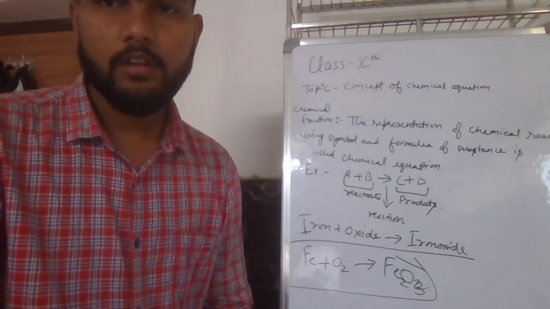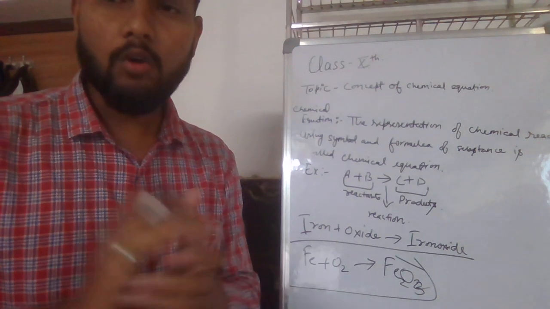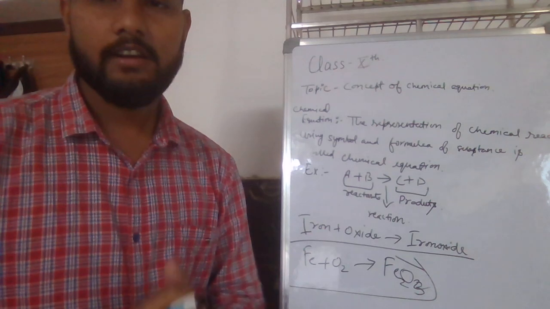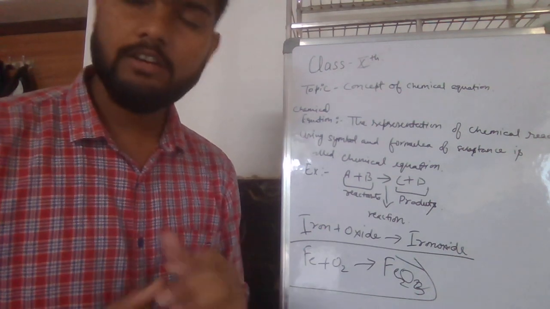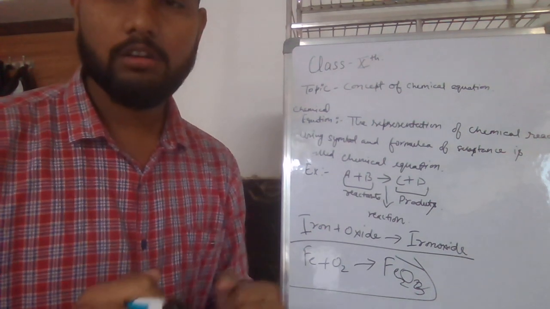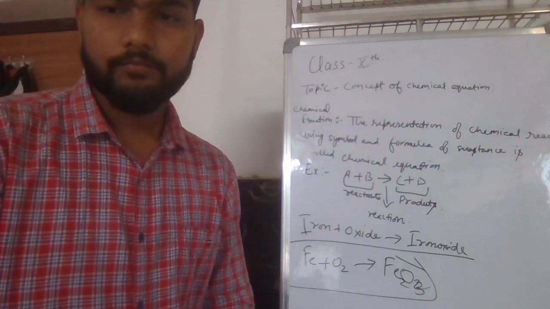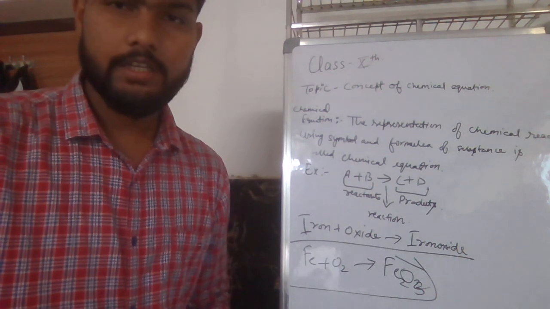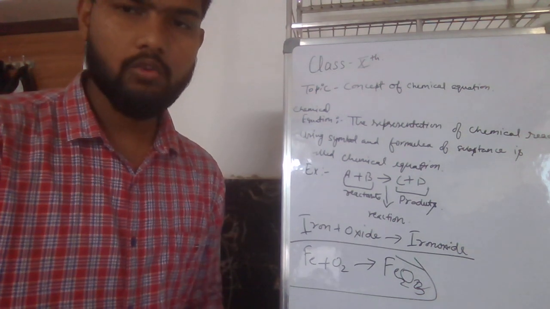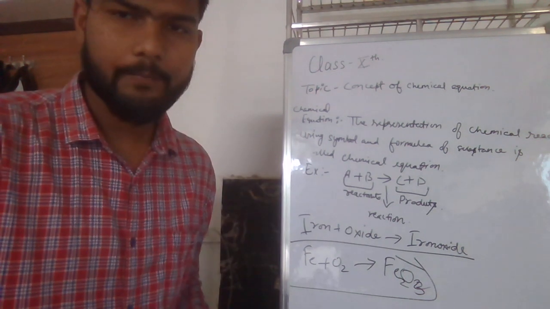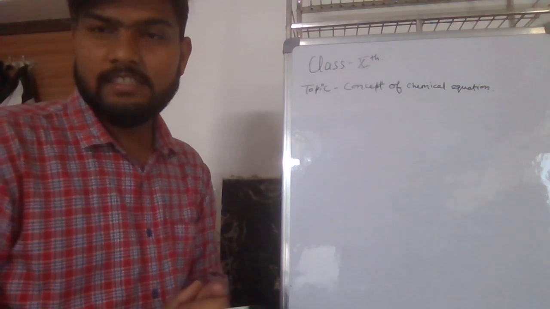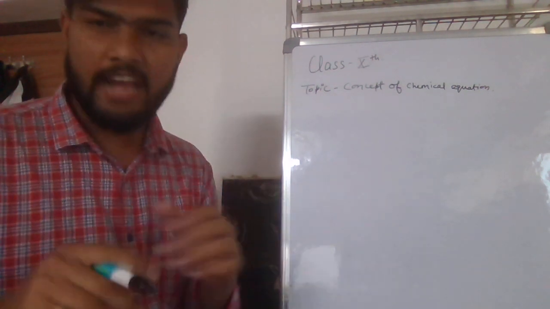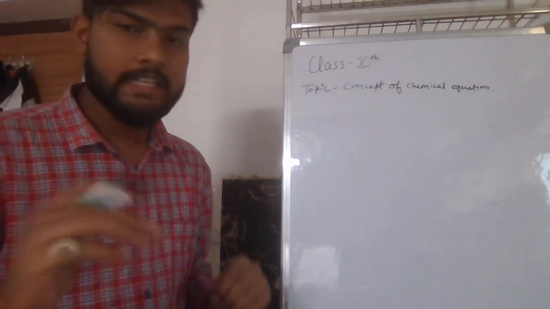Now you have to write the chemical equation of the given reactants. When hydrogen reacts with oxygen, it gives water. Wait a minute, I will write on the whiteboard, you have to do it and tell me. This reaction can be represented as hydrogen plus oxygen gives water.